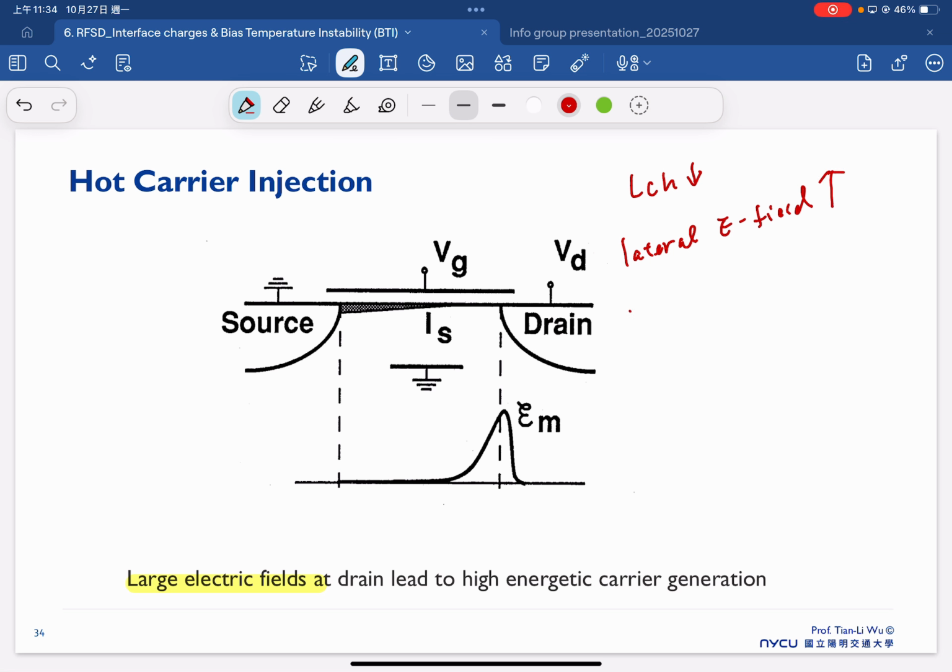So therefore, the hot carrier injection phenomenon is getting more and more serious. So even though this phenomenon has been studied for almost 40 years, nowadays it's still one of the critical reliability challenges.